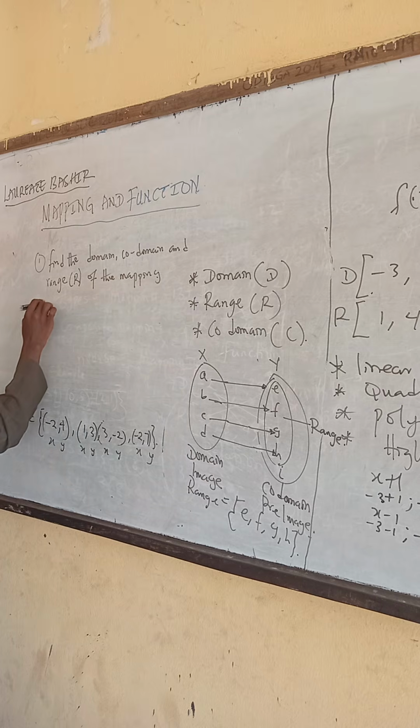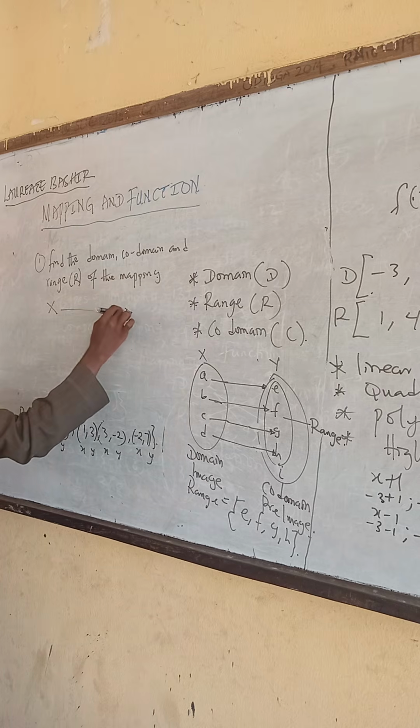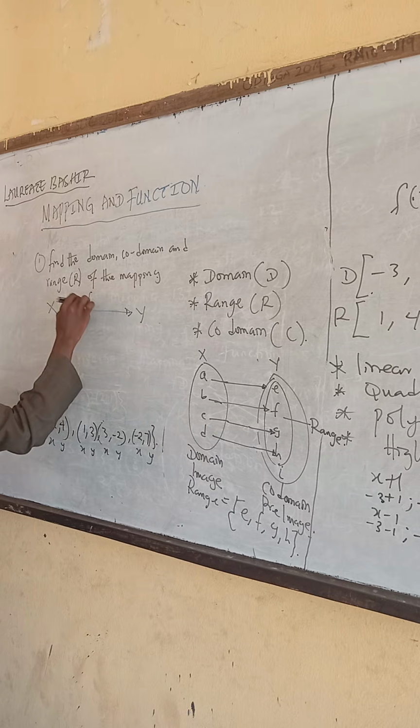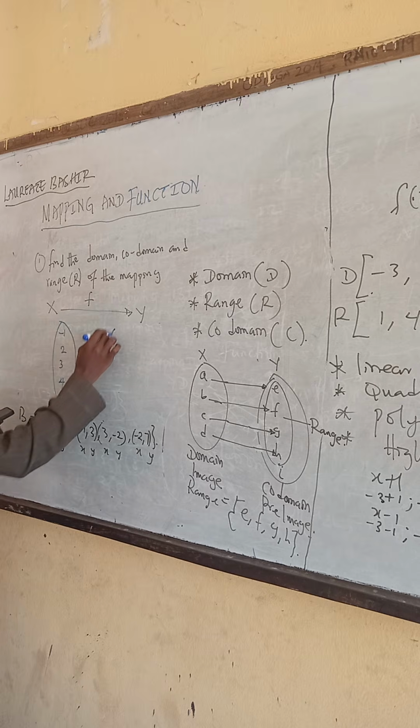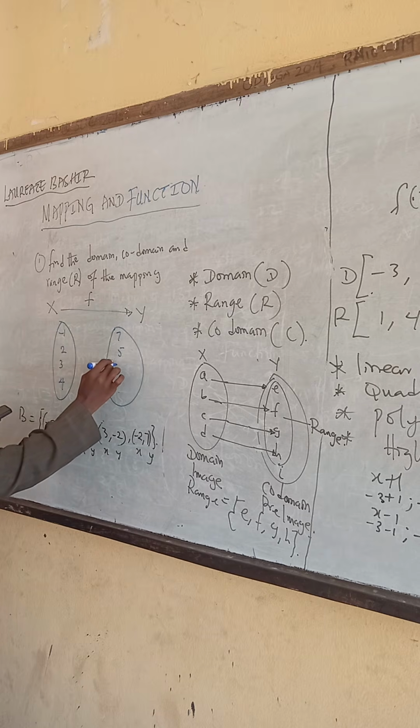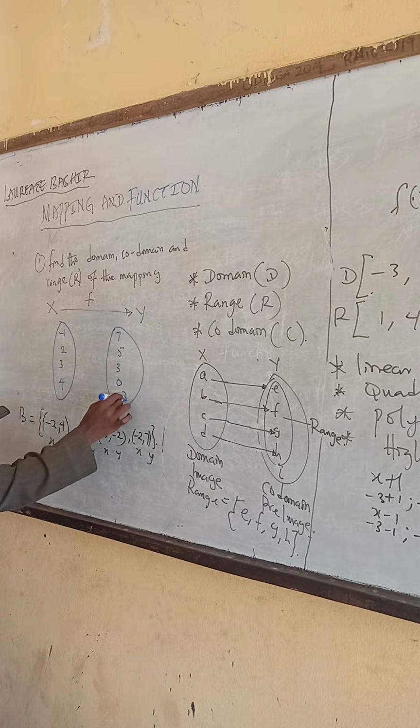They say x is mapped to y, and it's a function. So this is the mapping. We have -1, 2, 3, 4 for x, and for y we have 7, 5, 3, 0, -3.